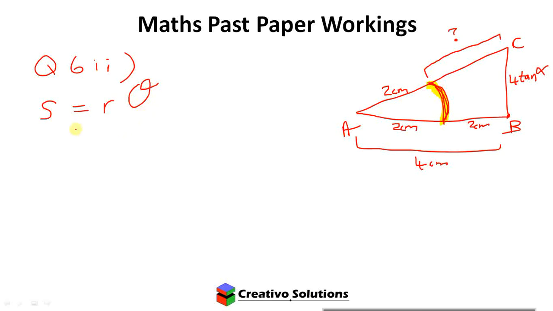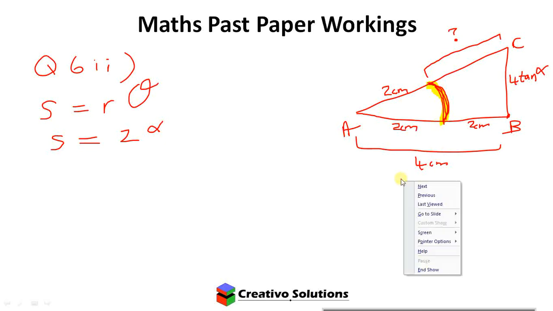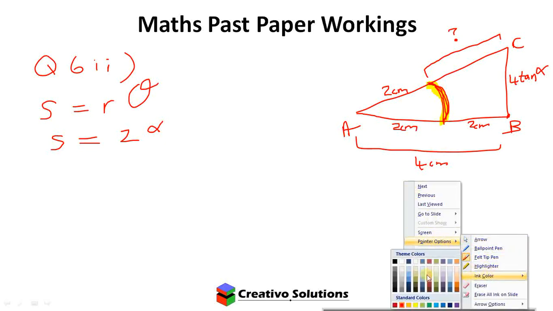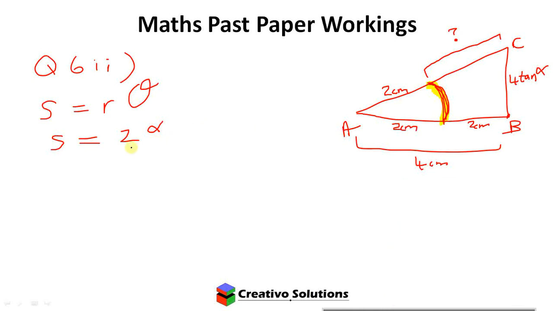That's the formula that you study, or you just read off the formula sheets. So S equals, do I know what the R is? 2. Do I know what the angle is? Alpha. So that's the arc length, and I can put that on my diagram: 2 alpha.